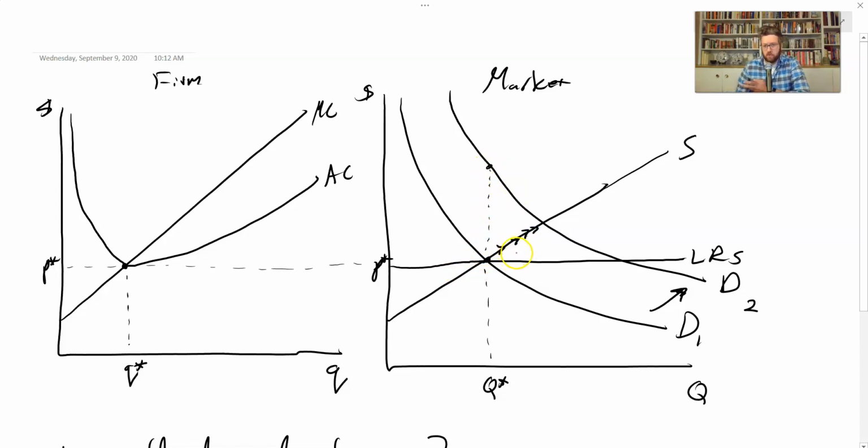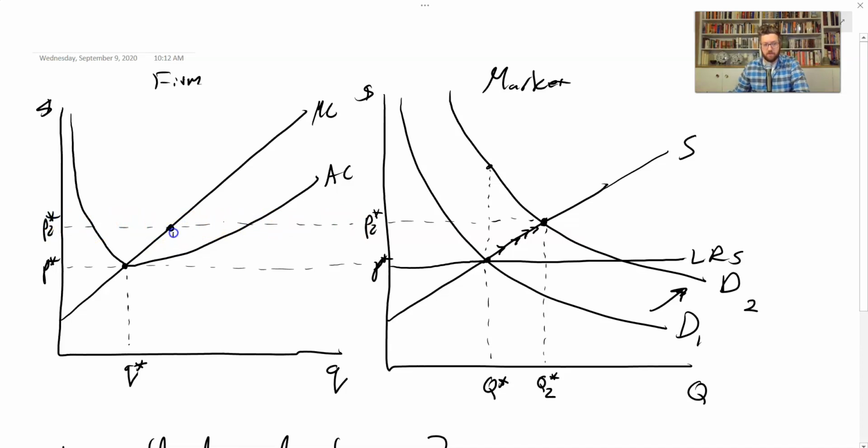But as they do that, they bid up the price, and that increases the supply until we arrive at the point where supply equals demand again. We find the new price. Oops. We kind of went sideways there. Okay. And we can carry that over to the other figure and see what happens there.